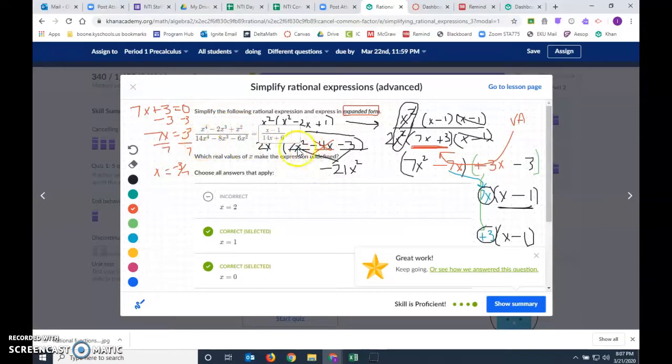Hey, if this term is not 1, since that was 7x squared, can I still do my AC method factoring? If you can't do your AC method factoring, if you don't remember how to do it, you can still use the quadratic formula. And you just need to make sure that you're tracking what values of x these make, right? Because the quadratic formula doesn't give you the factors, it just gives you the zeros. But those things can also factor.